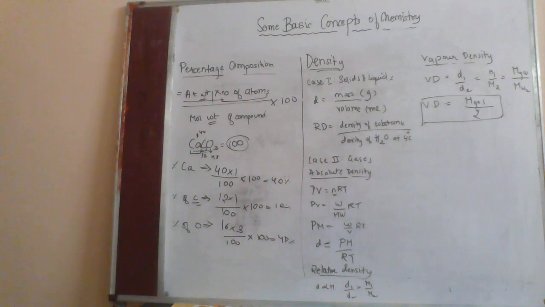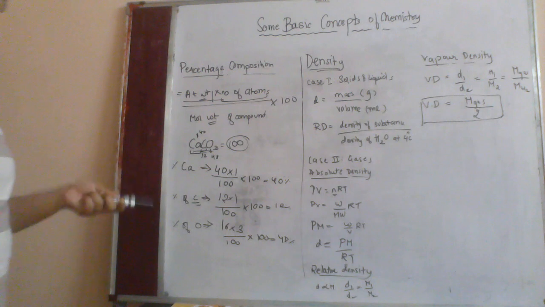Now coming to density. Density is of two types, absolute density and relative density. As the name suggests, absolute density is the density of its own single element or single compound, whereas relative density is density in comparison. Case 1, solids and liquids. For solids and liquids, absolute density is mass by volume, mass in grams, volume in ml.